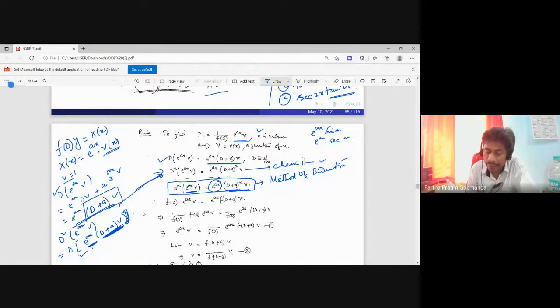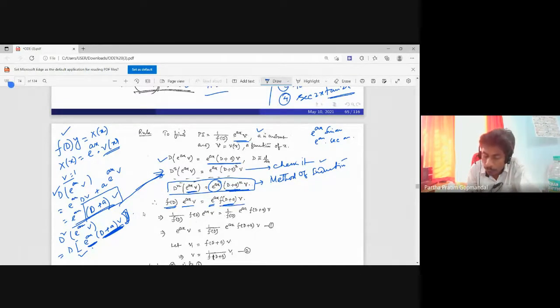But D is not D here, it is just D plus a. So if you say any function f(D), the general form that you are operating on e to the power ax v, then what will be the answer? It will be just as if e to the power ax, you take it out from the operator, and because of that D is shifted to D plus a.